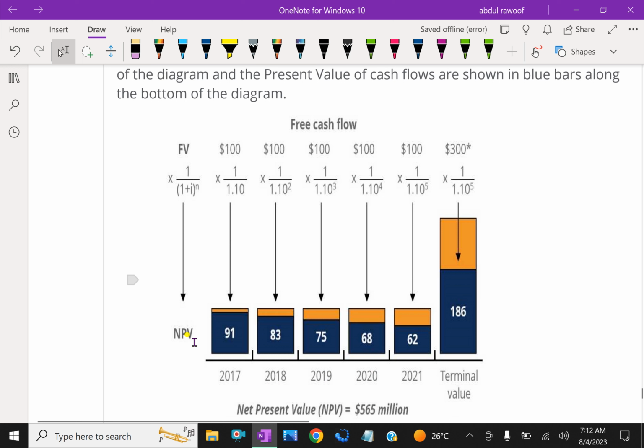Here, this is net present value. Here, the future value is 100, and finally the net present value is given here. Net present value is reducing, and finally the future value is 186 for this investment of 100 for some years.